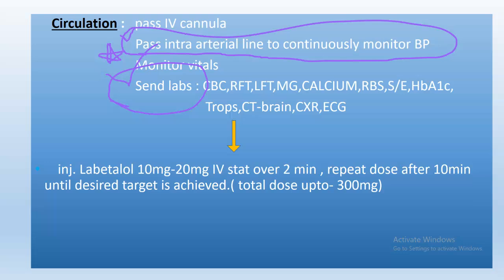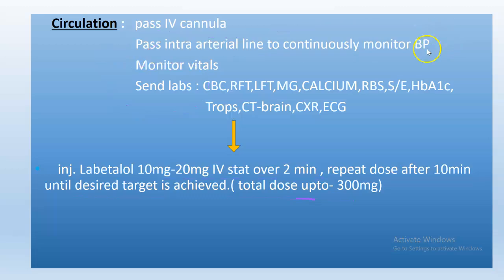So our goal will be selecting the appropriate antihypertensive medication. The safest is injection labetalol. We need to give the patient 10 to 20 mg IV stat over 2 minutes, and then repeat the dose after 10 minutes until the desired target is achieved, up to 300 mg.